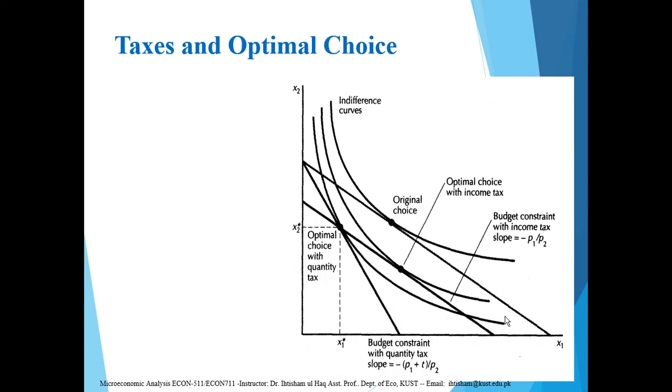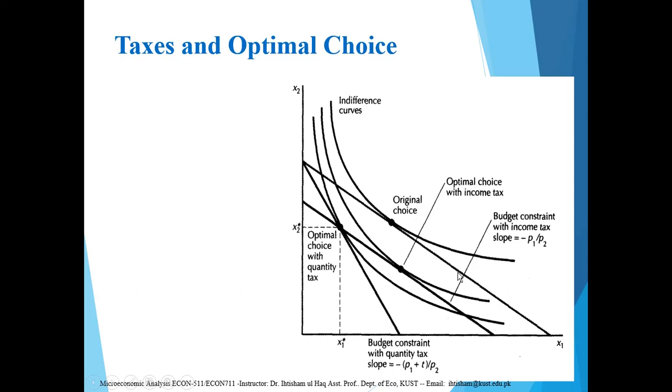Now we can talk about the optimal choice with income tax and the optimal choice with quantity tax, and in which case our consumer will be getting a higher level of satisfaction. This one is the original choice without any kind of tax, and this point is the optimal choice with income tax.